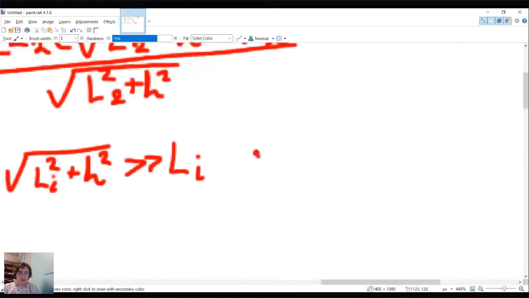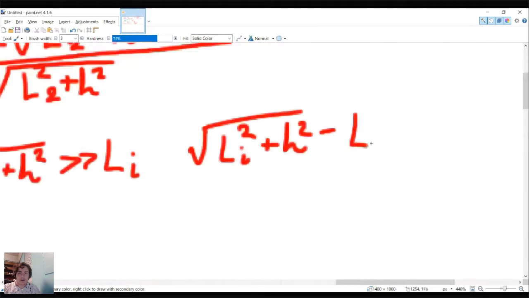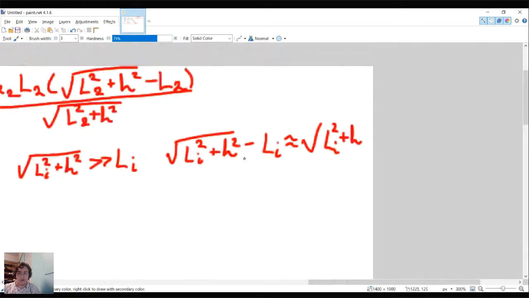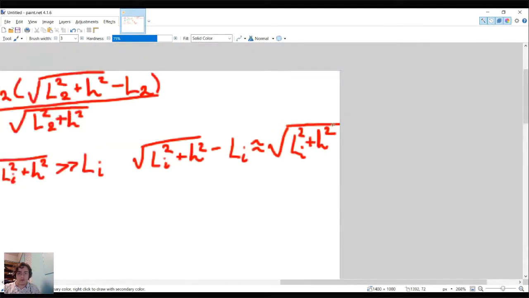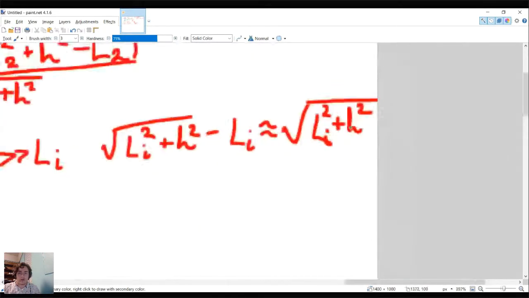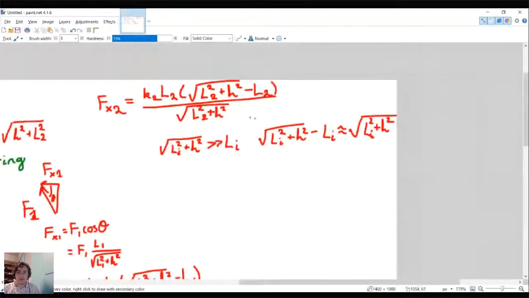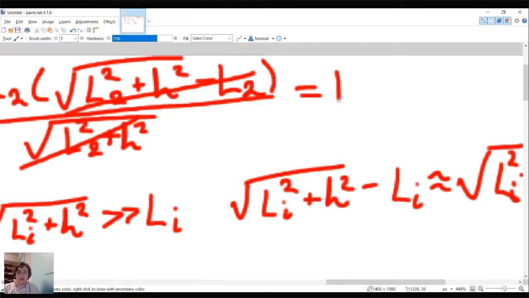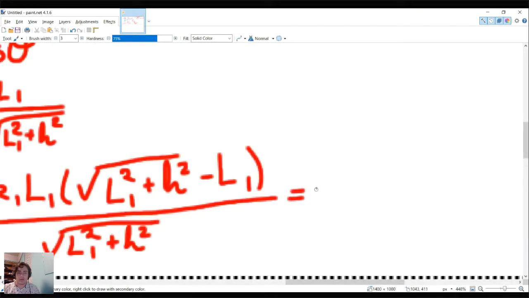This means that the square root of Li squared plus h squared minus Li is approximately equal to the square root of Li squared plus h squared. So this quantity will reduce to that, which means that this and this cancel, and we get K2L2. And it's also the same case for K1L1.